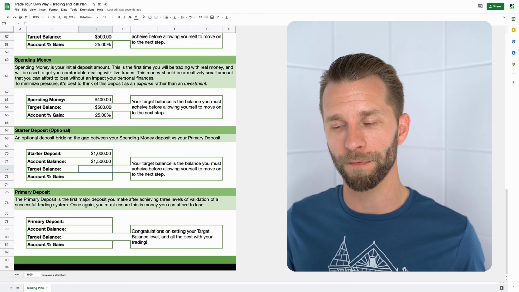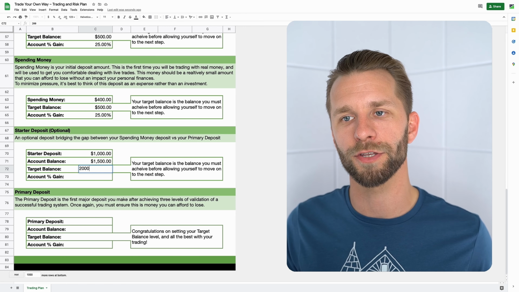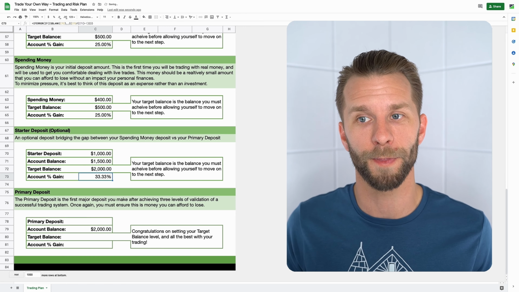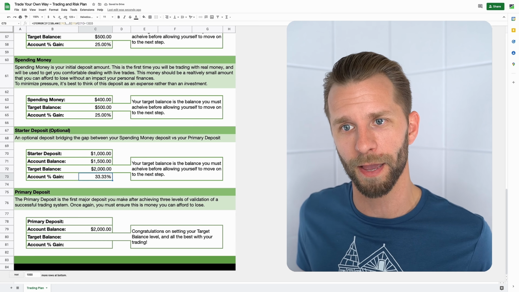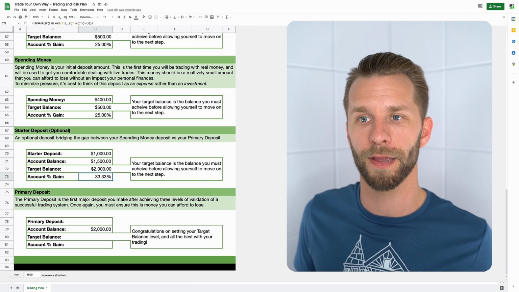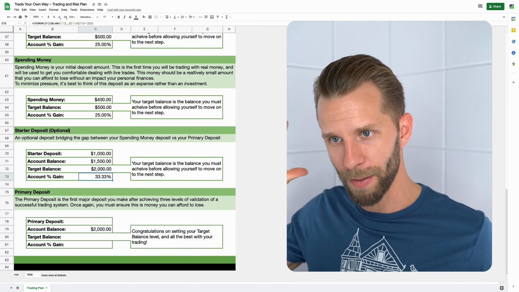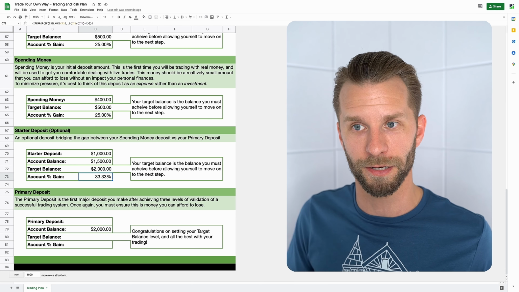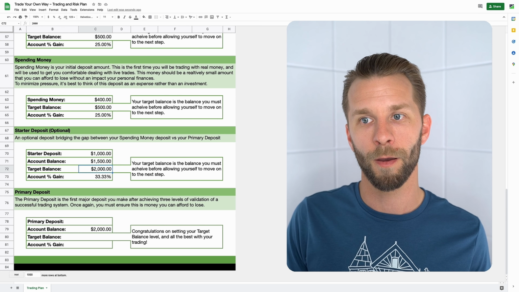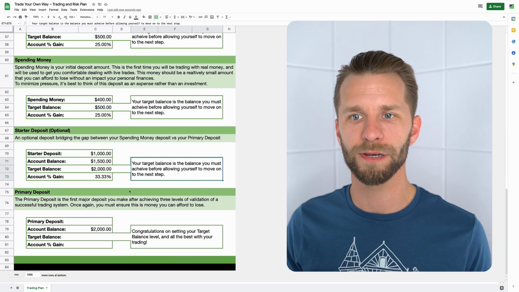We're trading with $1,500. Let's say we want to turn this $1,500 into $2,000 before investing anything else. That means we need to earn 33.33% of our account, another third of it. We're taking our $1,500, we need to make another $500 and turn it into $2,000. Once we have achieved $2,000, we get to move on to our primary deposit.